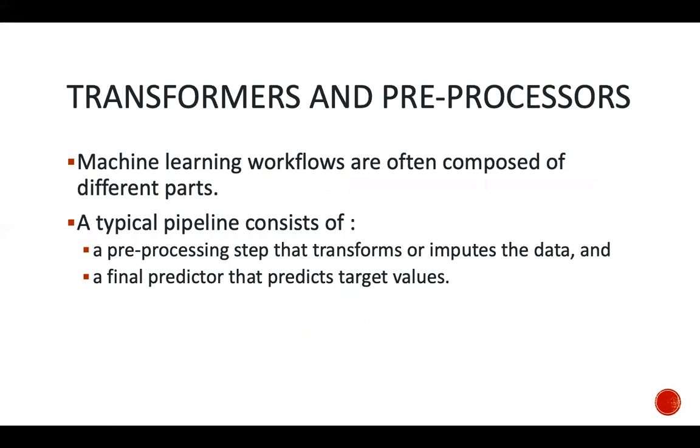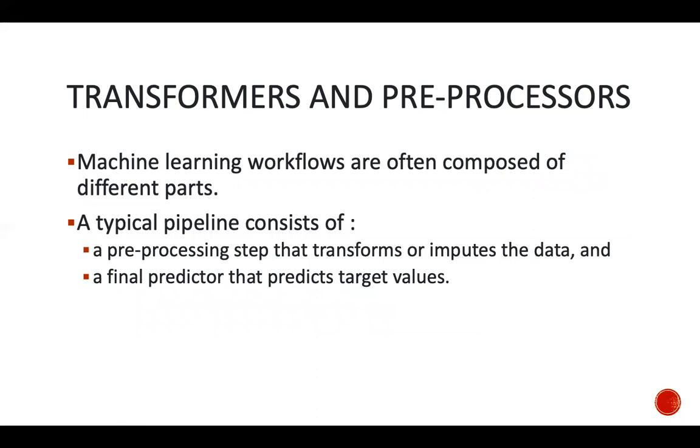Apart from estimators and predictors, we also have transformers and preprocessors. Machine learning workflows can have different parts. You can have transformation and preprocessing modules, and also you can have predictors or estimators. So you can construct a pipeline which can include transformers or preprocessors and predictors.